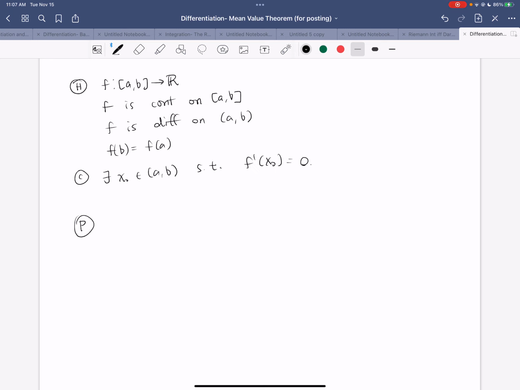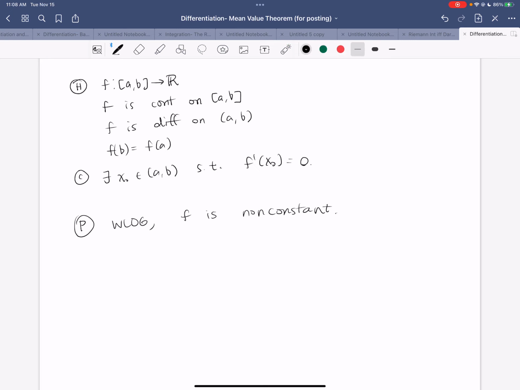And so now for the proof, we first start off by saying without loss of generality, f is non-constant, right? Because if f is constant, then the claim is already true because the derivative of f would be equal to 0 on the entire open interval.